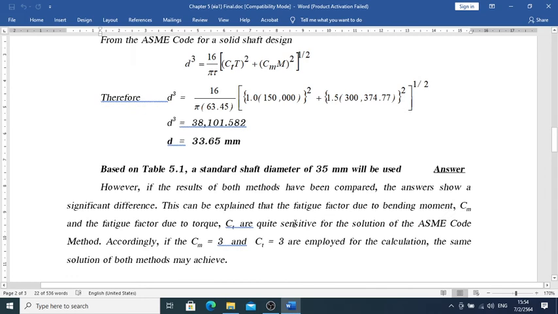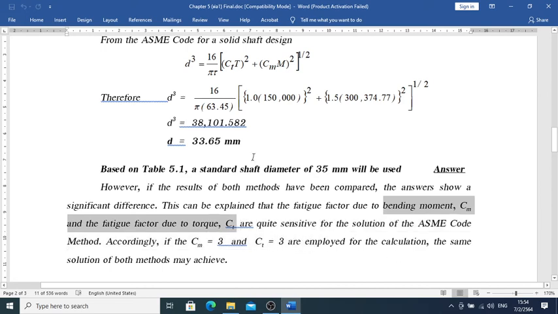33.65. So therefore, if we compare the two methods together, the answer is different. What I mentioned earlier, CM and CT are the things that make the difference in the answer, because CM and CT are kind of sensitive values.